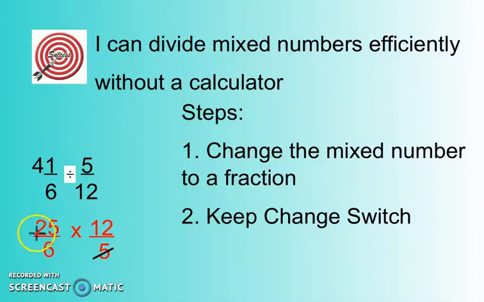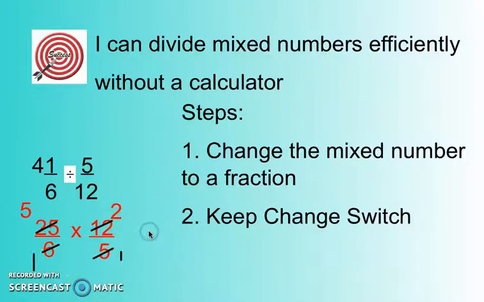I can simplify that down to, well, 5 goes into itself once, and then 5 into 25 is 5. How about 12 and 6? We can simplify that as well. 6 goes into itself once, and 6 goes into 12 twice. So now we have 5 times 2 and 1 times 1.